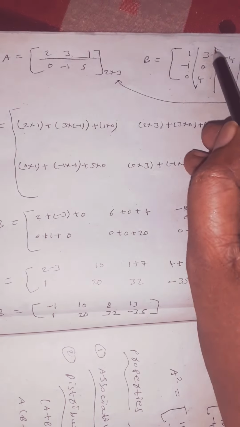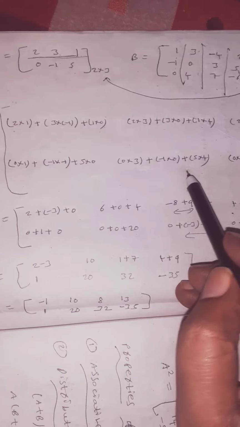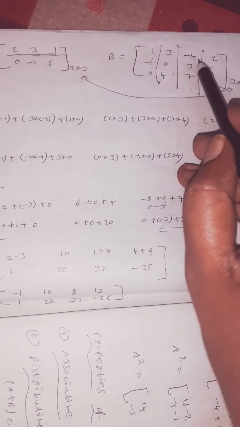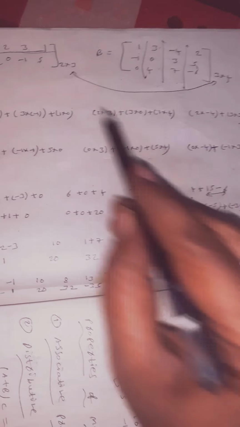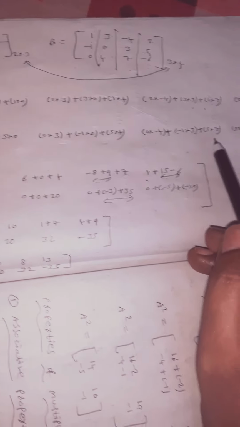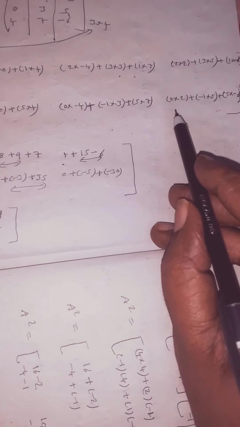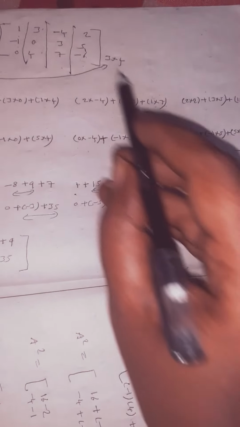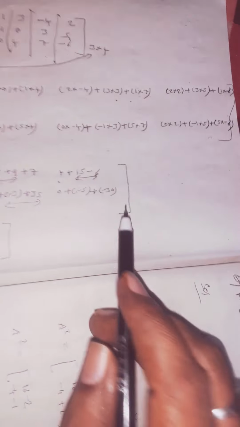Next, 0 into 3 plus minus 1 into 0 plus 5 into 4. That only I wrote. Next, 0 into minus 4 plus minus 1 into 3 plus 5 into 7. Next, 0 into 2 plus minus 1 into 5. Next, 5 into minus 6.